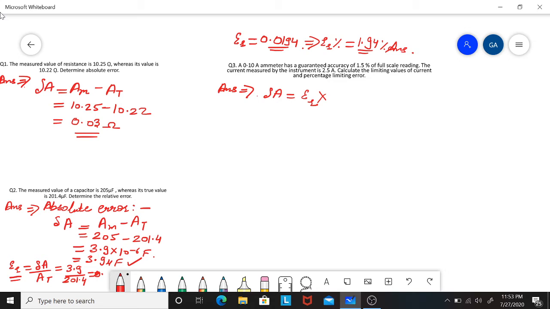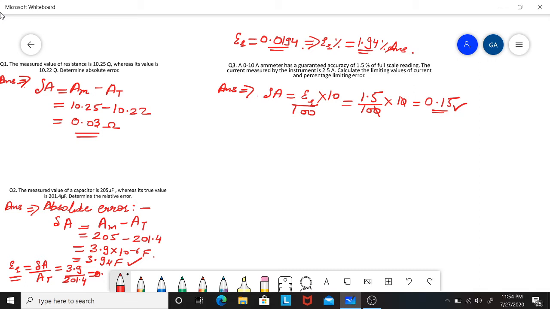So let's say it is 10 ampere, and this will be in percentage. So we can write it as 1.5 upon 100 into 10, which gives 0.15. So delta A is 0.15.